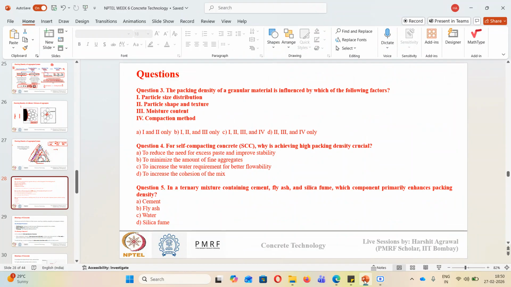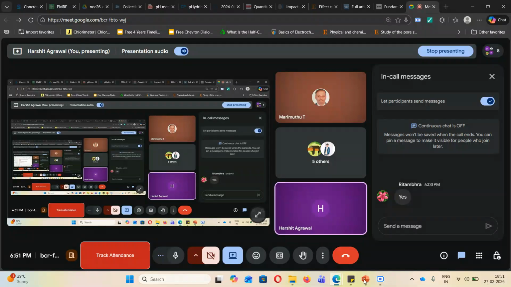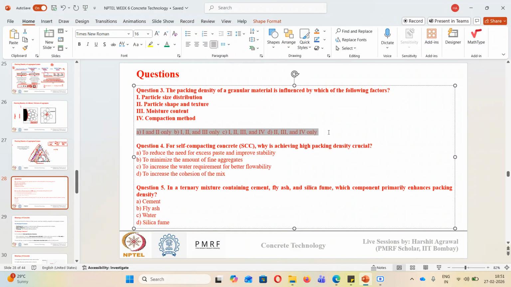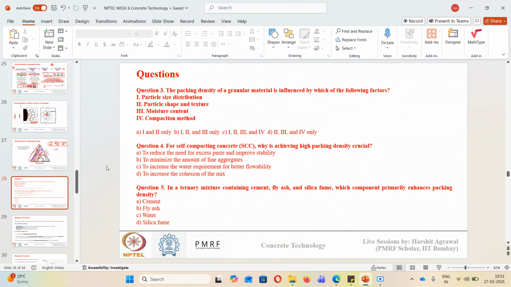The question says the packing density of a granular material is influenced by which of the following factors: particle size, particle shape, moisture content, and compaction method. So what will be the correct answer? Just think about all the options. I have given you four options here. Which option will be correct? There can be multiple correct options for this question.